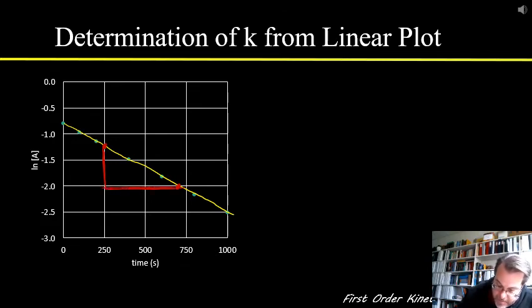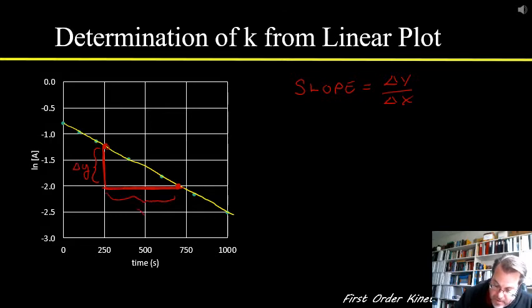You don't have to do that, but it makes it a little bit easier to define these points. Okay. And remember that the slope is the change in the y-coordinate divided by the change in the x-coordinate. And this is our change in y, and this is our change in x.